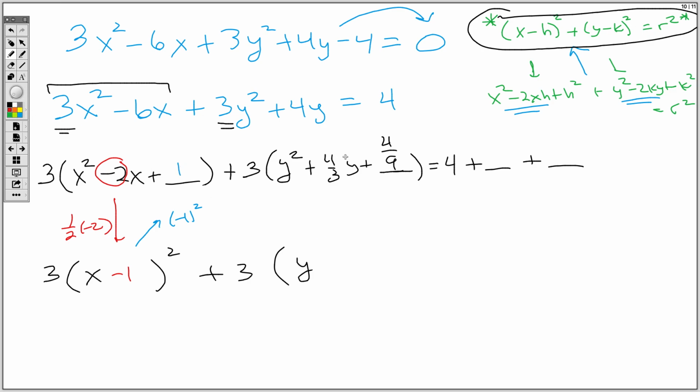Just trying to make it a little clearer. Some people just look at the notes; they don't watch the movies. So then we would take this, take half of this, and then we would square it to get the 4/9.